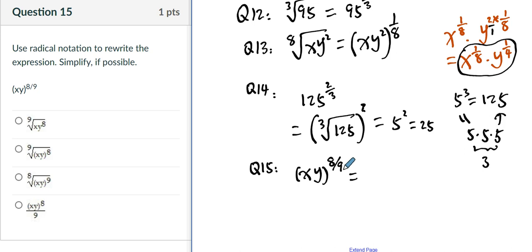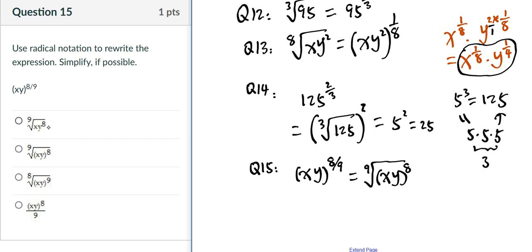And here 9 is on the denominator, so that will be the index number for the radical sign. And inside is x times y to the 8th power. So the second one will be the choice.